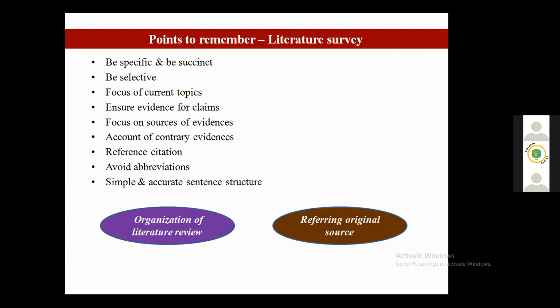So there are places where people will refer to the original source, or there are situations where people may report a cross reference. Cross reference means suppose you get information that X published something, X got some result, and the result was reported by Y, saying that X got the result.